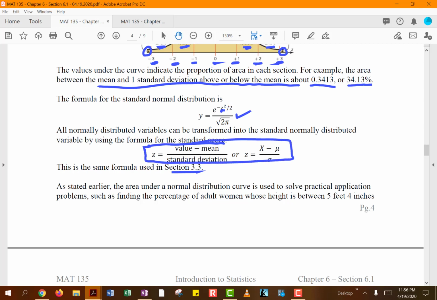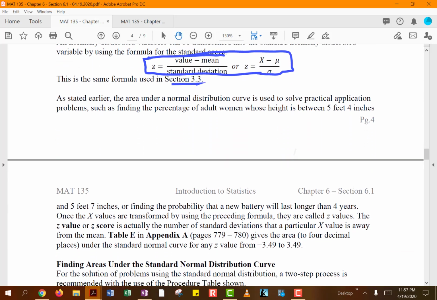So the z-score formula is the value that we're looking at minus the mean for that variable divided by the standard deviation, and of course you can look at it as x being our data value minus mu divided by sigma. Okay, so again you can go back and reference your handout for section 3.2 and 3.3 to look at some of these calculations and rules that we had talked about.